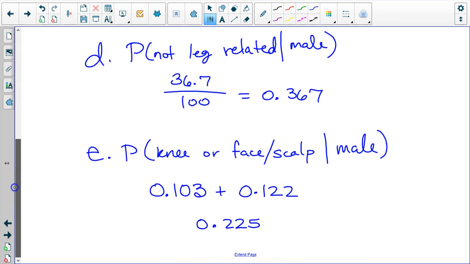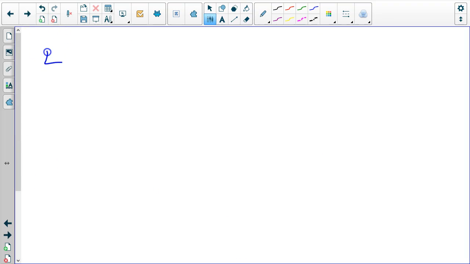You can add knee and face and scalp, right, because it's or. So it's 10.3 plus 12.2, and then divide it by 100 because it's given that they're male. Or you can do knee given that they're male plus face scalp given that they're male. You get the same answer. Questions?